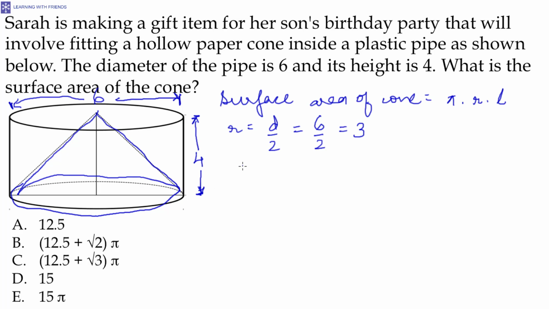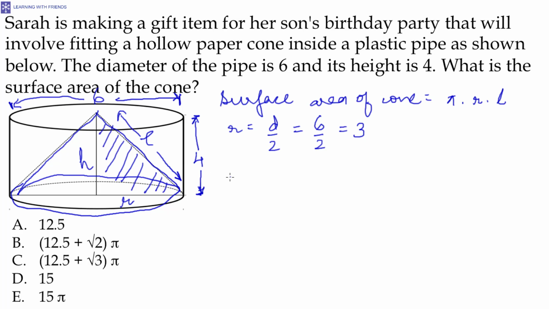And the slant height is this. In any cone, the slant height is this value. So if you notice, if I were to consider this triangle, then in this triangle we have a Pythagorean triplet where L is the hypotenuse, this H is one of the sides, and the radius R is the third side.